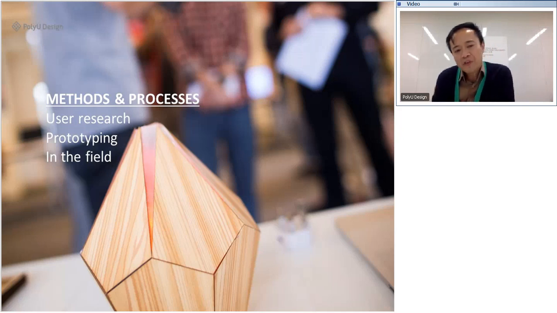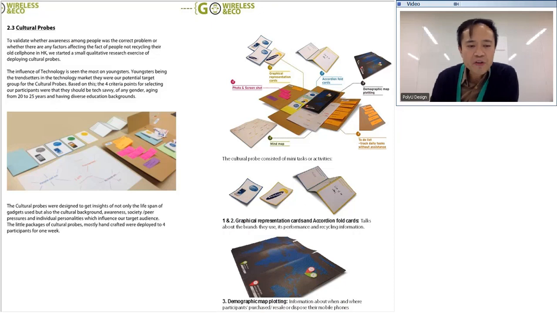Try to put things together, try to embody the idea into actual objects or systems, and then test it out, try it, not only in the lab, not only in the studio, but also in the field or in society. So what you can see now on the screen is a typical research toolkit or research artifacts our students come up with.